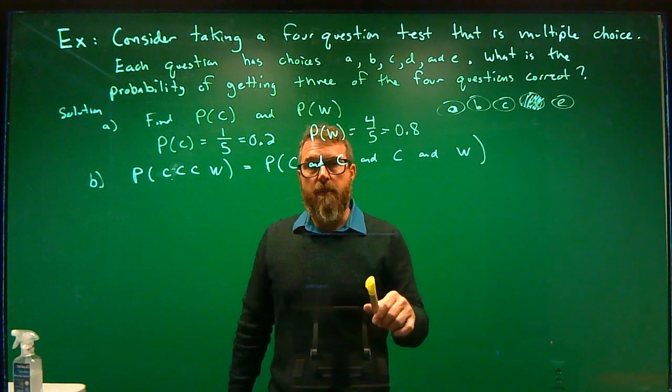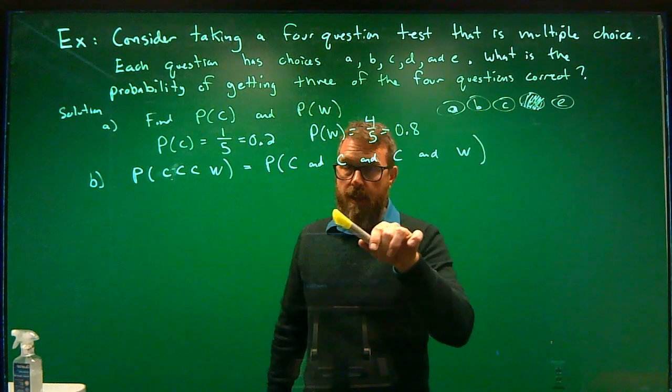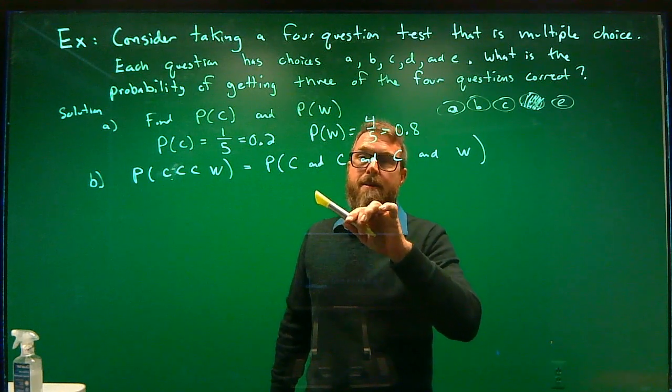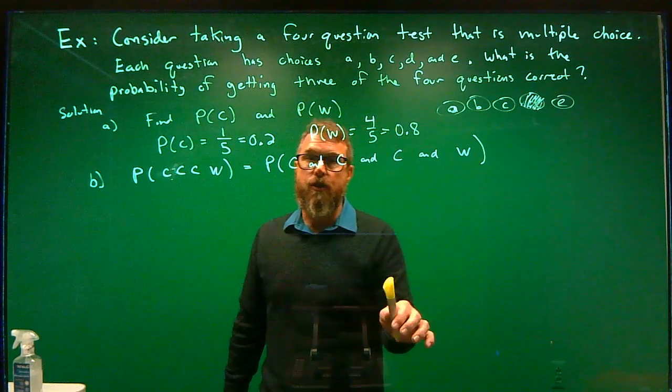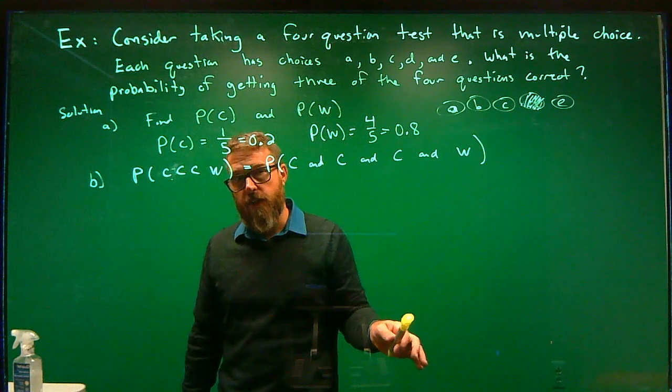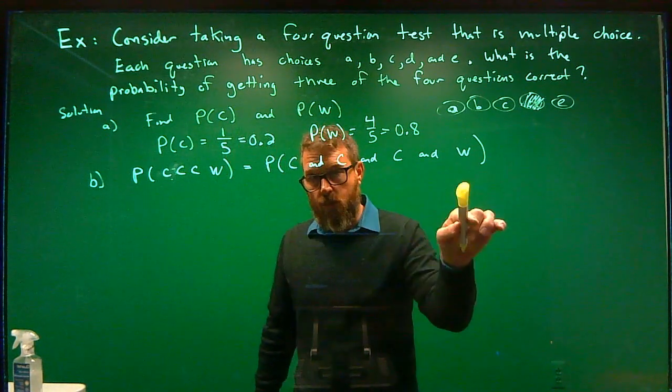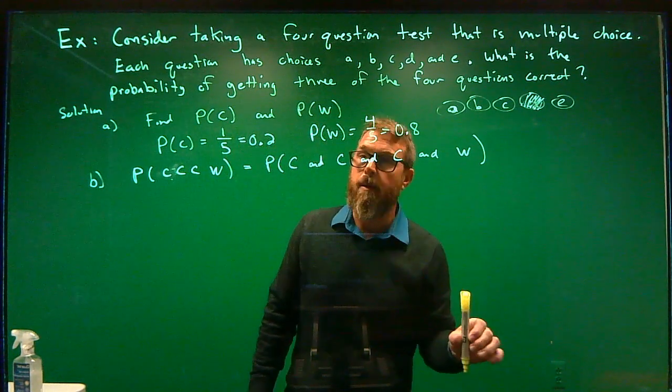Now, since this is a binomial probability distribution, we know that the events are independent of each other. So this is just multiplication without worrying about dependence.